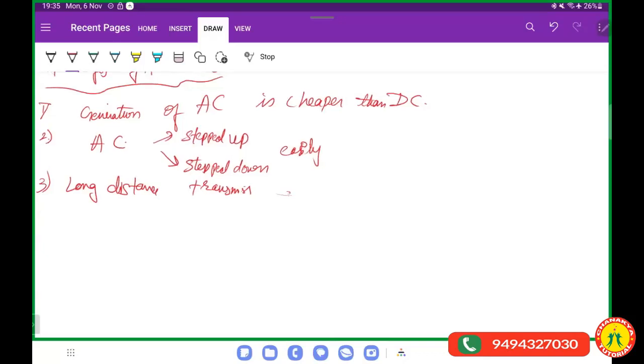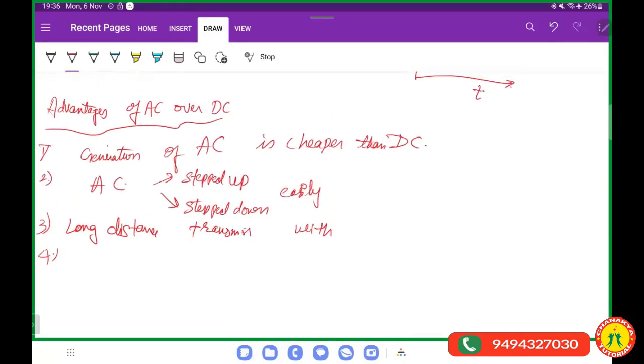Then what else? There are the magnets, rotating magnets which help in the change of flow of electrons. But okay, what is the advantage over DC?